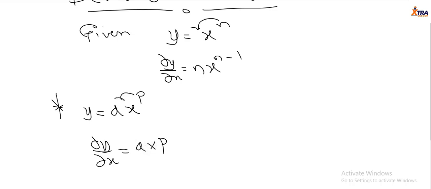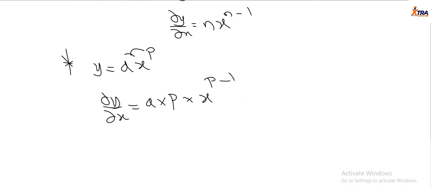We have a times p times x to the power, you repeat x to the power p, then minus 1. So we have dy over dx equals a p x to the power p minus 1.